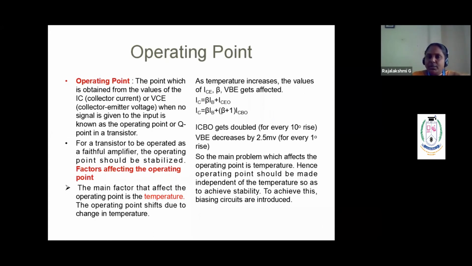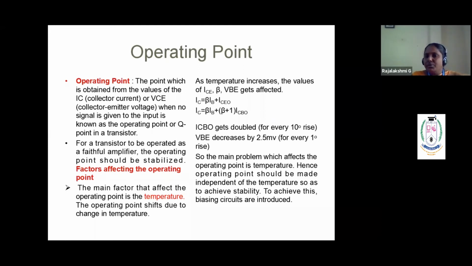So when you give the input voltage, the temperature in the transistor will be increasing, right? That will affect the operation of the transistor. How? Say ICBO. In the equation, IC is equal to beta IB plus (beta plus 1) into ICBO. That ICBO is the collector base current when the emitter is open. This ICBO gets doubled for every 10-degree rise in temperature.